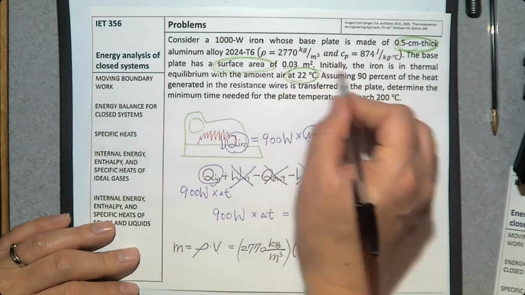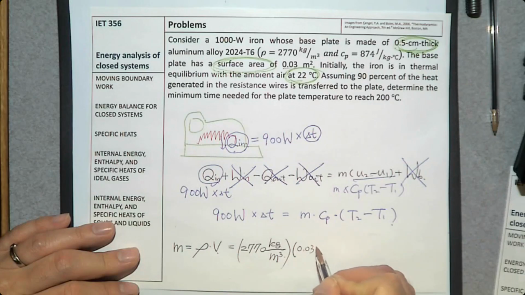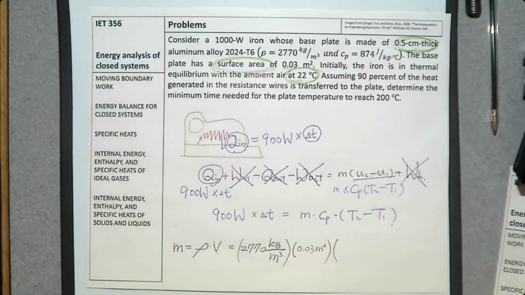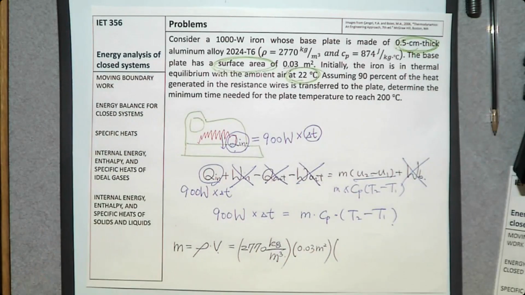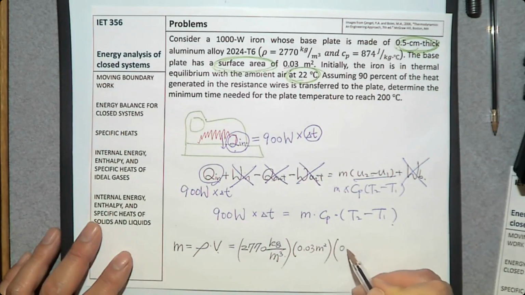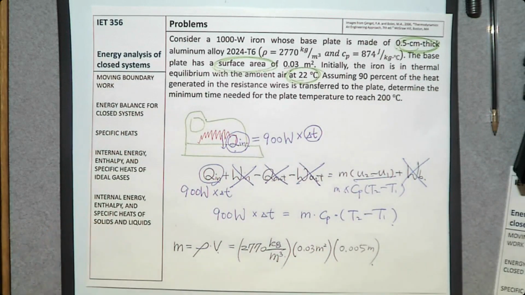Surface area is 0.03 square meter, and thickness is 0.5 centimeters. We don't want centimeters, we like meters. So 100 centimeters is 1 meter. So 0.5 centimeters is 0.005 meters. So that's how you determine the mass of the system.